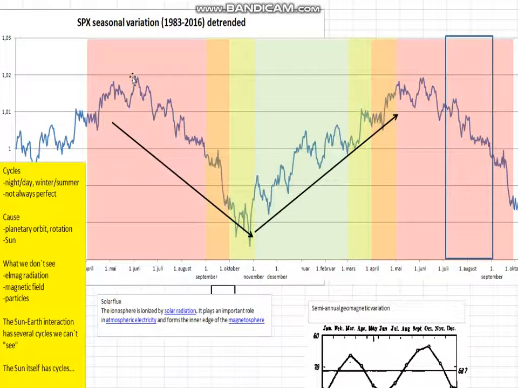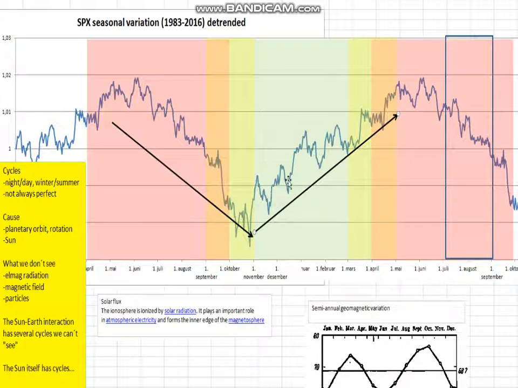So we are kind of in a downtrend, and then the geomagnetic period causes capitulation. And when you have capitulation, you need a little bit of time to reverse the trend. And the same the other way.